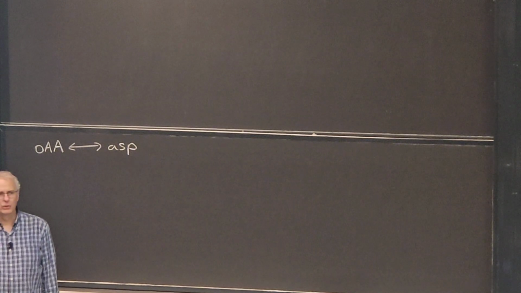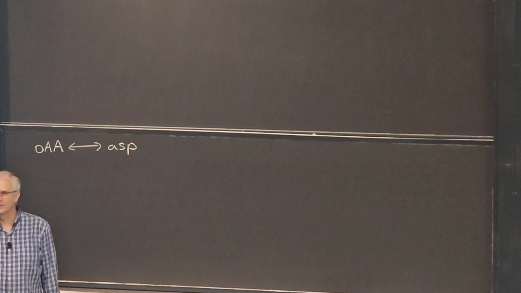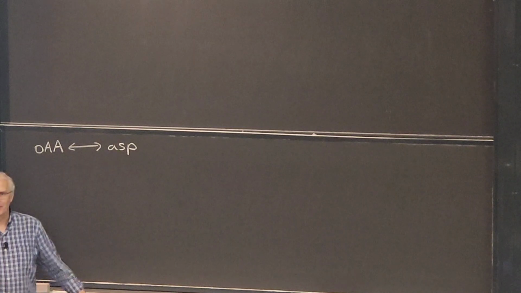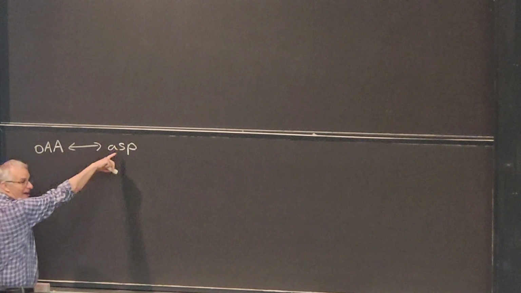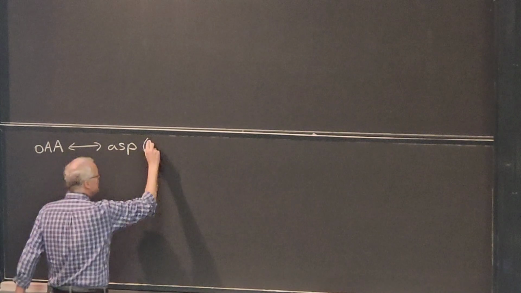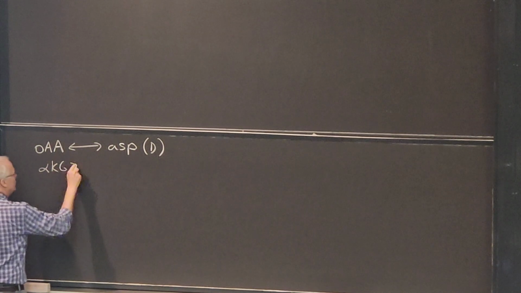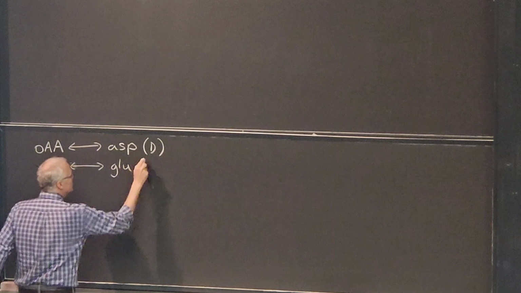I told you Professor Yaffe harped on the one-letter and three-letter abbreviations for amino acids. So I'll remind you of some of them as we go along here, but I will use them. So aspartate, D, aspartate, okay? The other one, as part of the malate aspartate shuttle, was alpha ketoglutarate and glutamate.